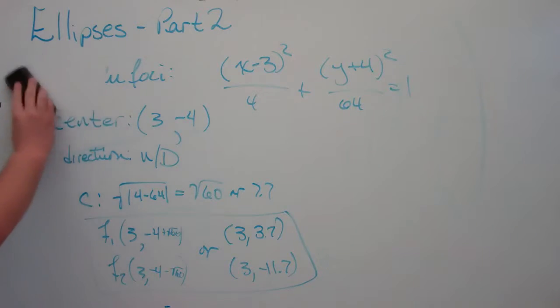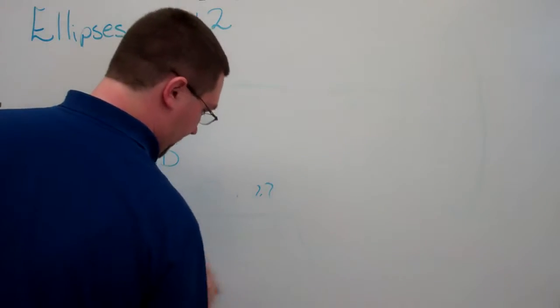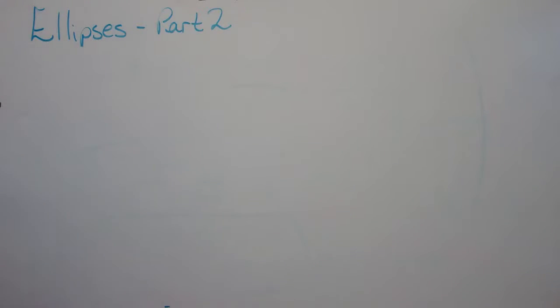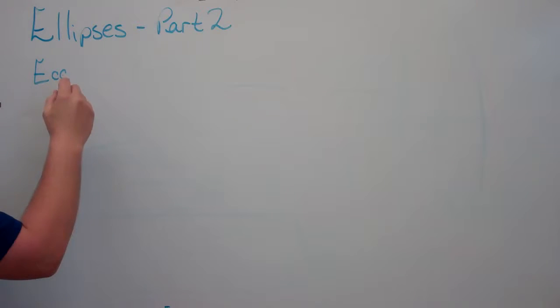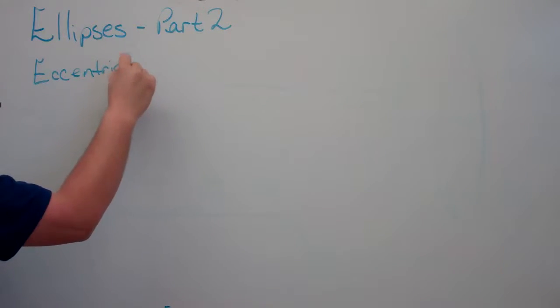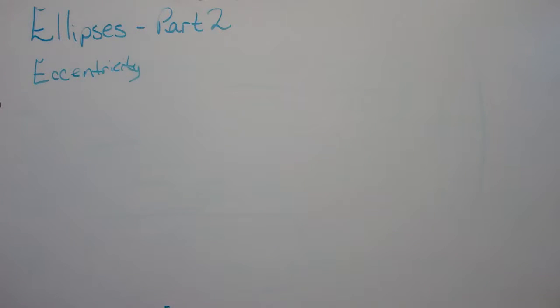Alright? Now let's go into eccentricity. Remember, big word for something easy to find. I usually abbreviate it ECC, but I'm going to write it out so you know how it's spelled. Eccentricity.